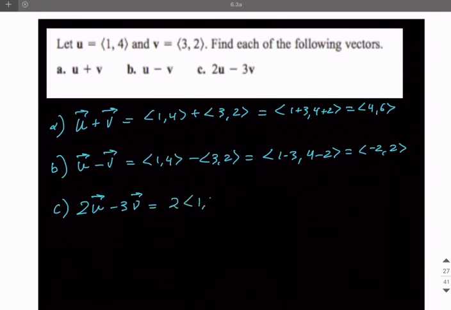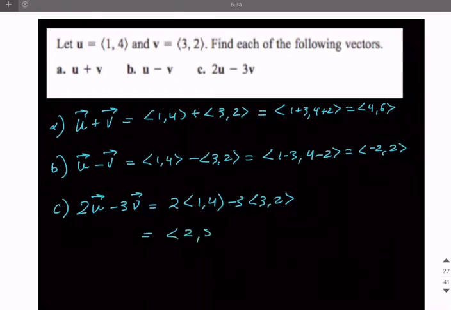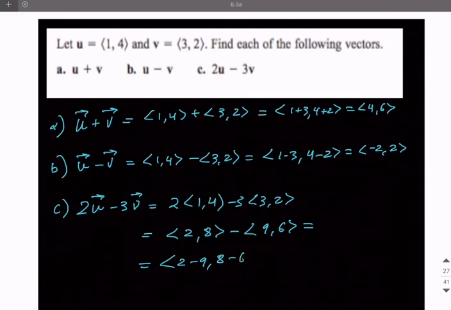So 2 times (1, 4) minus 3 times (3, 2) is going to give you vector (2, 8) minus vector (9, 6), and that becomes 2 take away 9, comma 8 take away 6, and you get the final answer of (-7, 2), and that's the final answer.